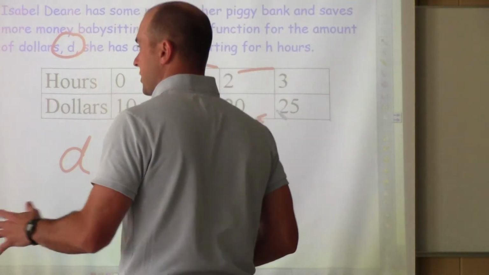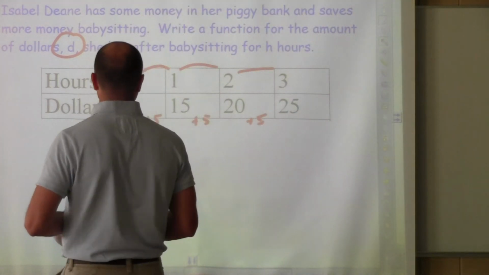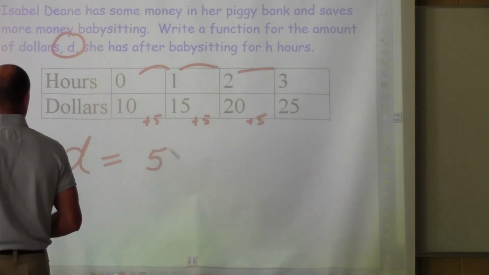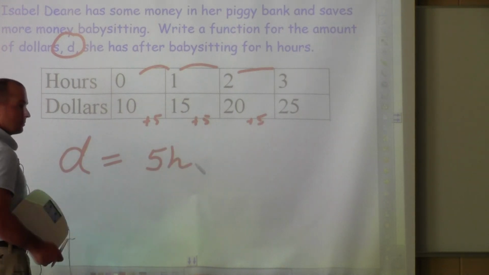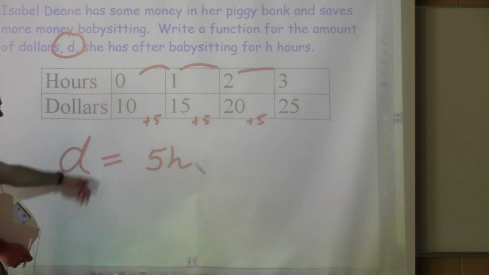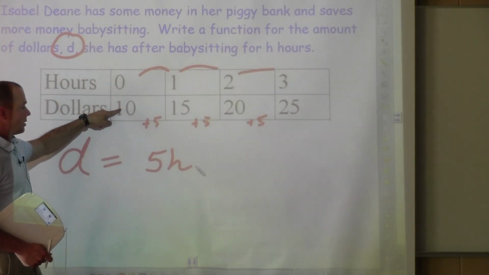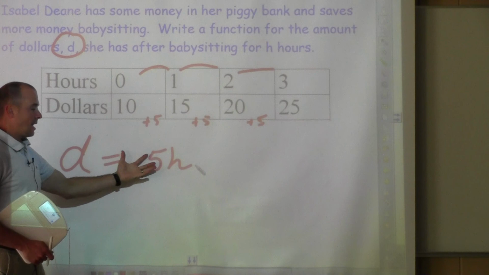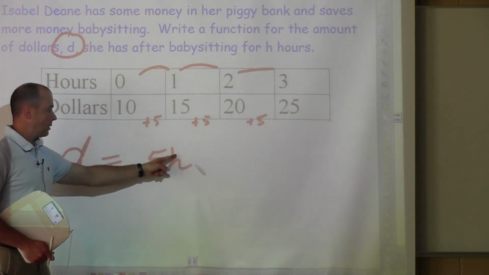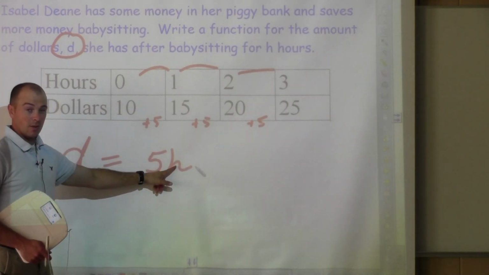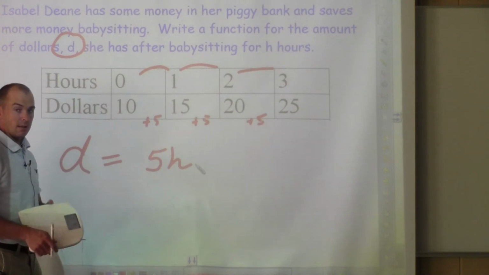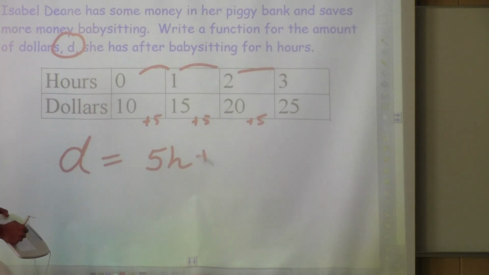I like to emphasize the word time because times 5 is going to be part of your equation. But that's not it, because if I took 5 times 0, that gives me 0, not 10. So how do I make 10? If I put 0 in for h, 5 times 0 gives me 0. How am I supposed to transform that into 10? Well, I have to add an extra 10 bucks.